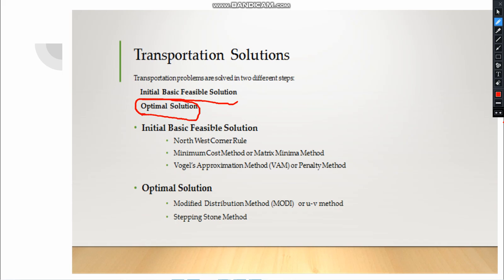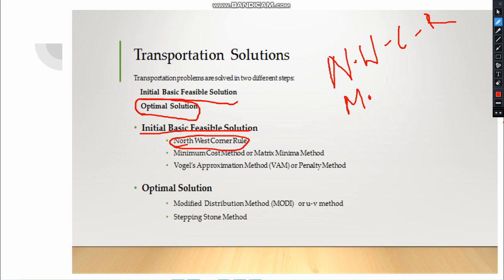Now, how can we find the initial basic feasible solution? This is the first rule: the northwest corner rule. Next comes the minimum cost method, or sometimes we say the matrix minima method.